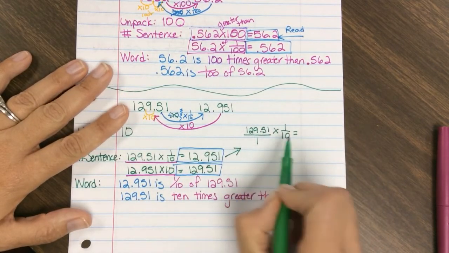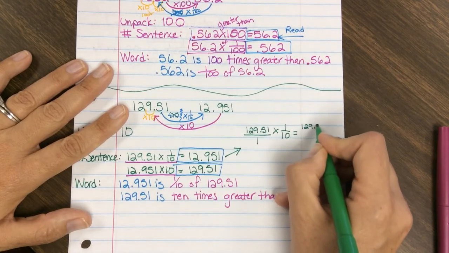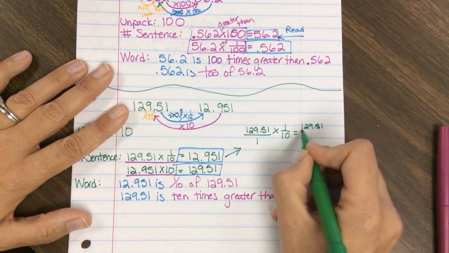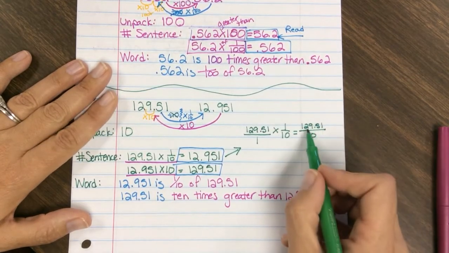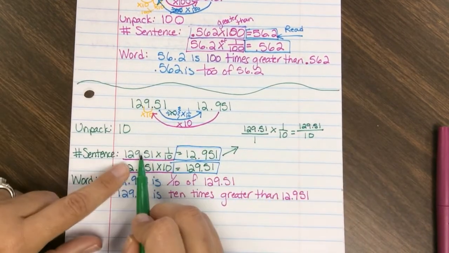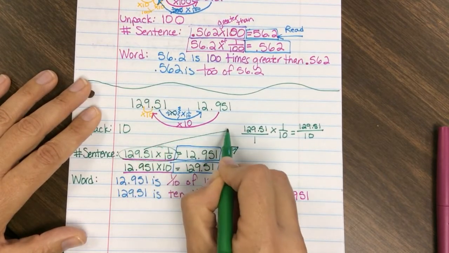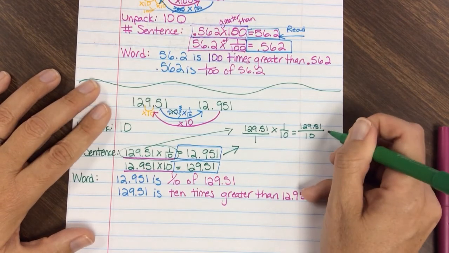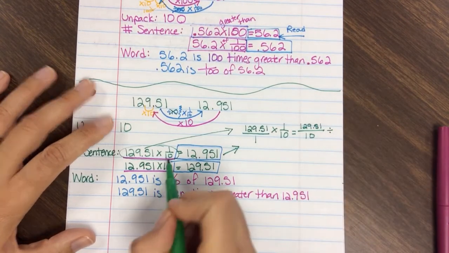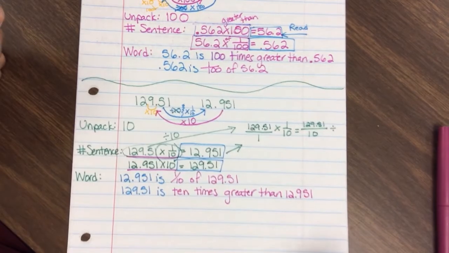So let's multiply. When you multiply fractions, you do numerator times numerator, denominator times denominator. So essentially, this is the same thing. Look, isn't this 129 and 51/100ths divided by 10? Isn't this the same as dividing by 10?